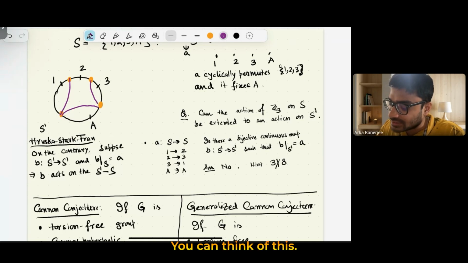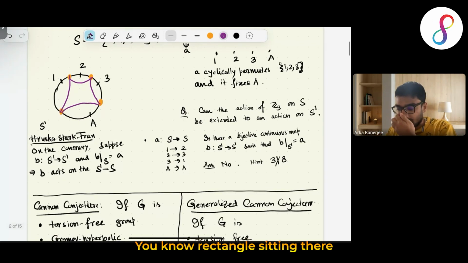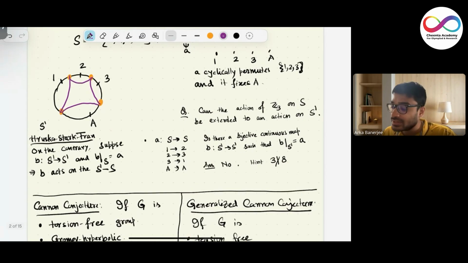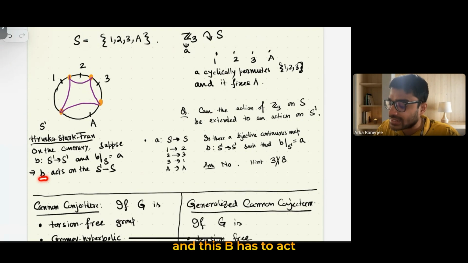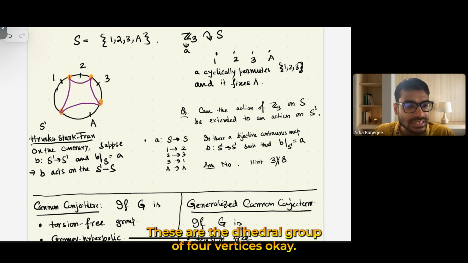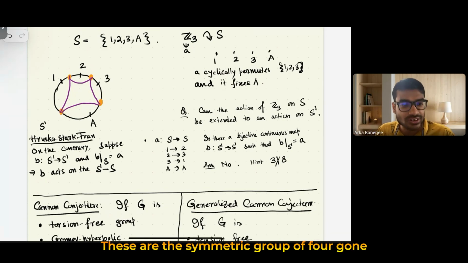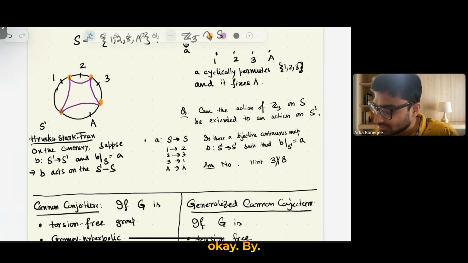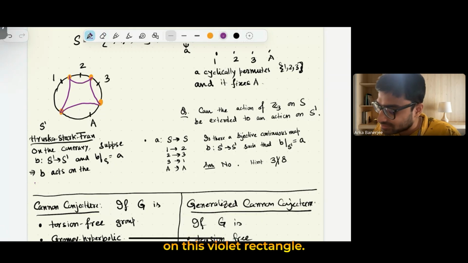You can think of this as a rectangle sitting there, and this B has to act as a map that preserves the order of these 4 points on this rectangle, and we have a name for that. These are the dihedral group of 4 vertices, the symmetry group of the 4-gon. So from the picture, B acts on this violet rectangle.